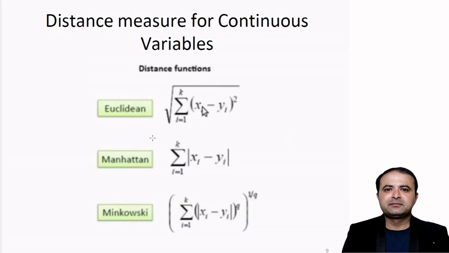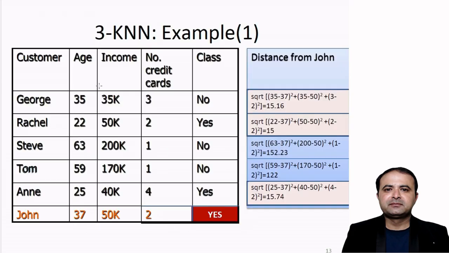Some distance functions are Euclidean, Manhattan, and Minkowski. The customer age, income, number of credit cards: George, Rachel, Steve, Tom, Annie. And suddenly a new value comes, like John.